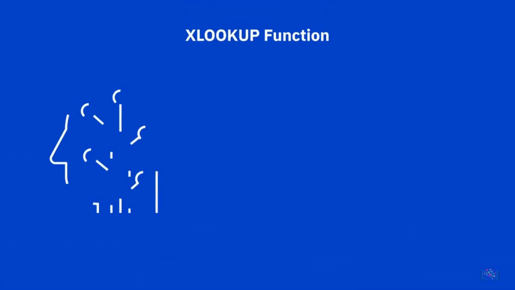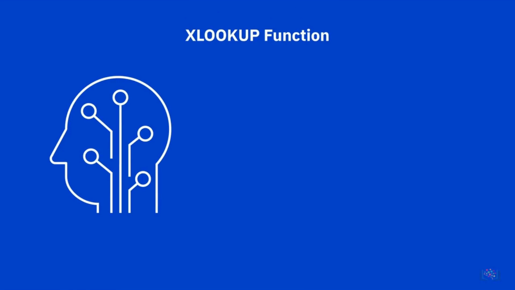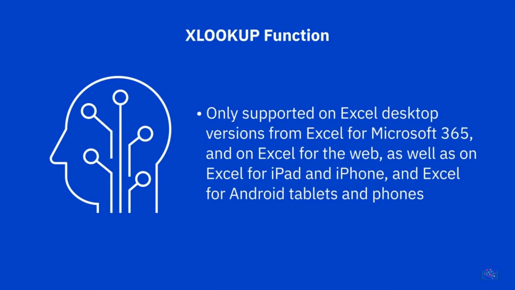Although VLOOKUP and HLOOKUP are regularly still used as the de facto functions for lookup references in Excel, there is a newer function called XLOOKUP. This version is only supported on Excel desktop versions from Excel for Microsoft 365 and on Excel for the web, as well as on Excel for iPad and iPhone and Excel for Android tablets and phones.